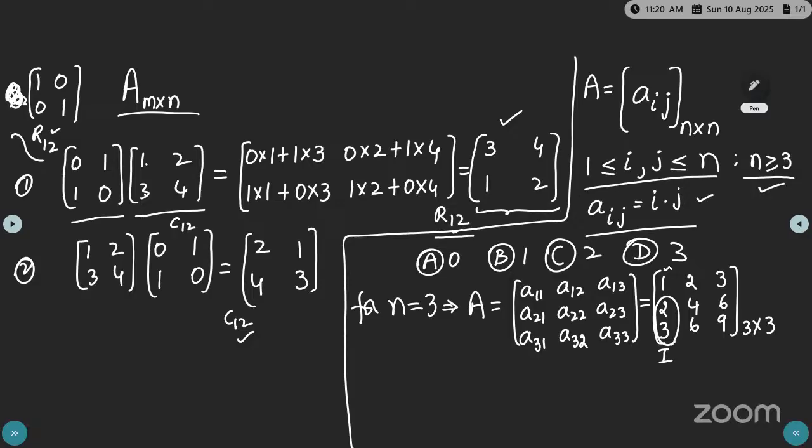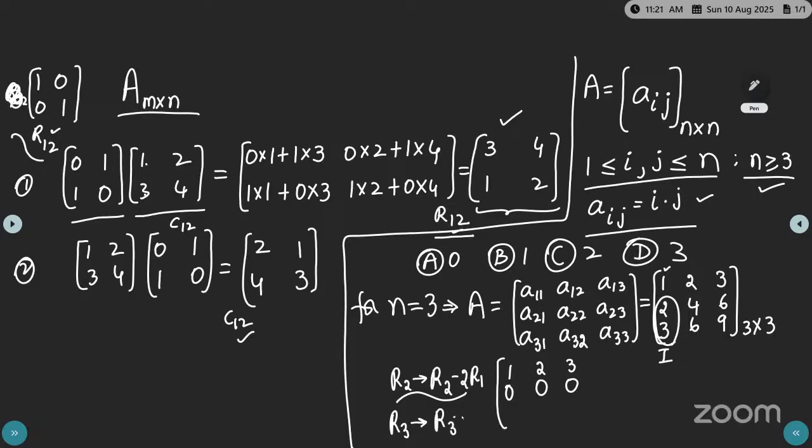How can you make those two zeros? R2 goes to R2 minus 2 R1. 1, 2, 3, no change in the first row. 2 minus 2 is 0, 4 minus 4 is 0, 6 minus 6 is 0. What is R3?